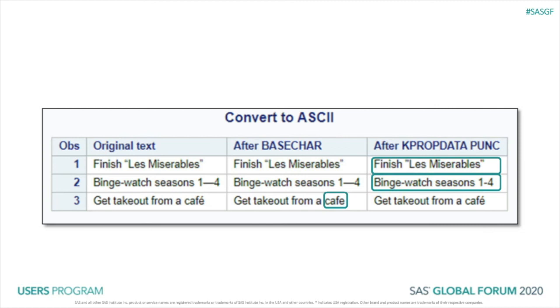That lowercase e accented character has been converted to a simple ASCII e. In the final column, the KPROPDATA results show that those punctuation characters have been converted from those special typographic characters to simple ASCII punctuation.